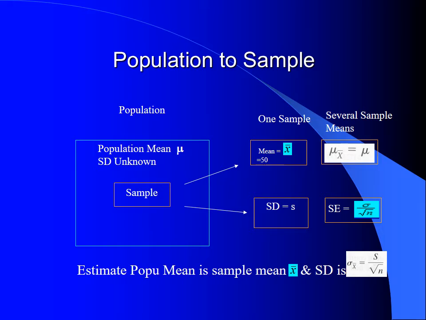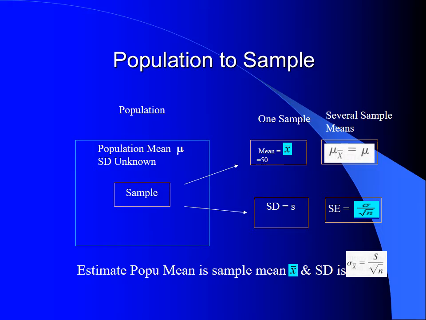If you compute the standard deviation of all such means, as we have learned in the previous slides, it is nothing but the standard error. A directly derived formula is that the standard deviation of all means, which is the standard error, is the standard deviation divided by the square root of the sample size.